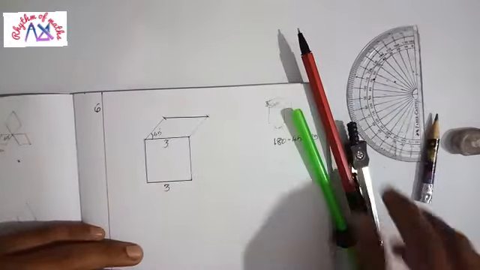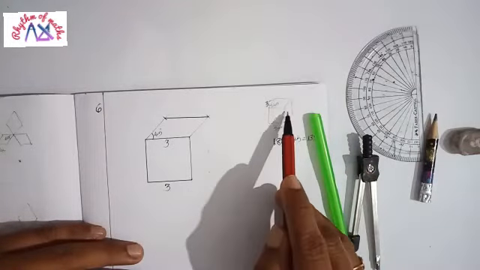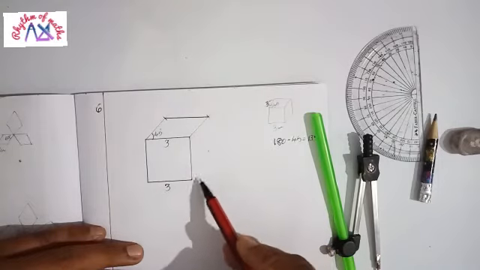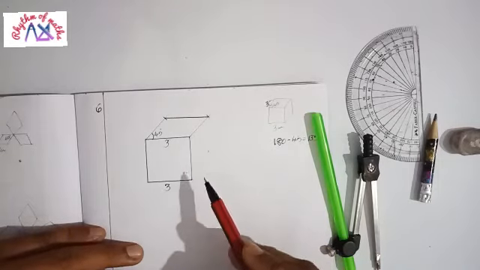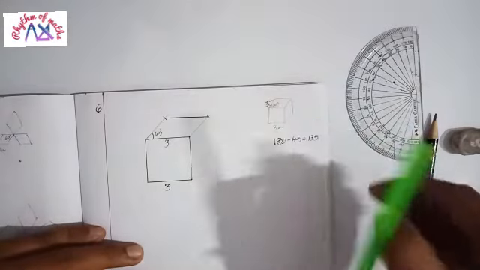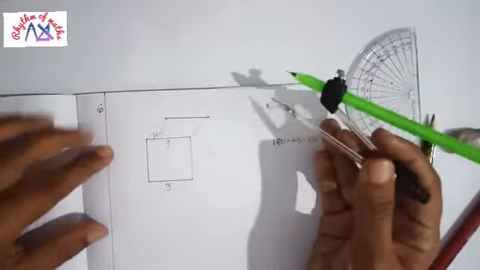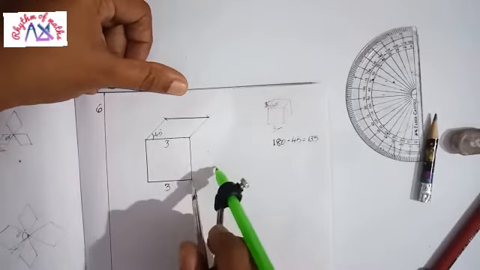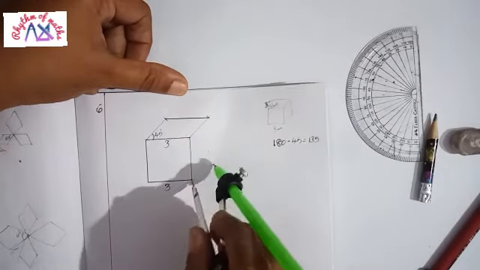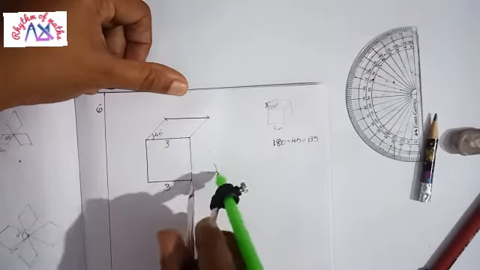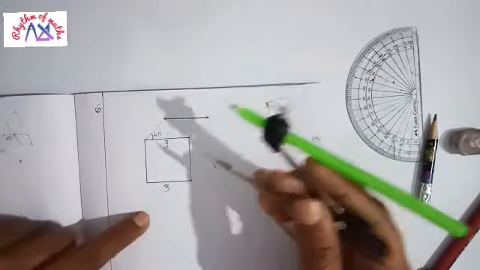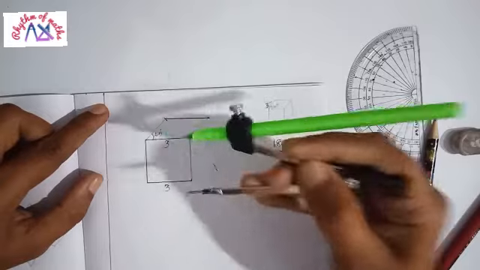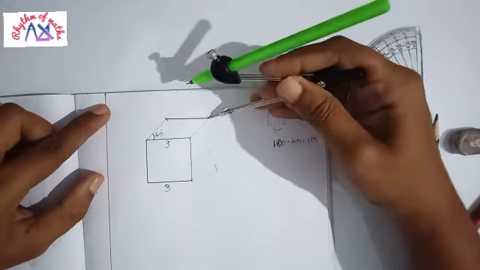Now to draw the second parallelogram. The second parallelogram is this measurement. That means this longest side must be 3 centimeter and this short side must be 2 centimeter. So already we have measured 2 centimeter in the compass. So using that 2 centimeter, draw an arc from this end point. Then measure 3 centimeter in the compass and draw an arc from this end point.